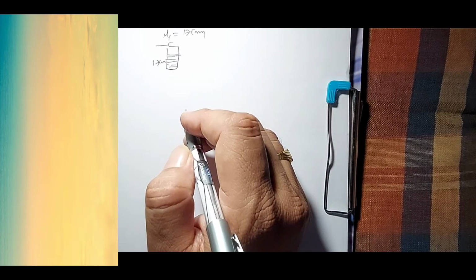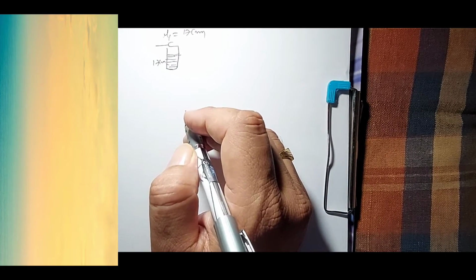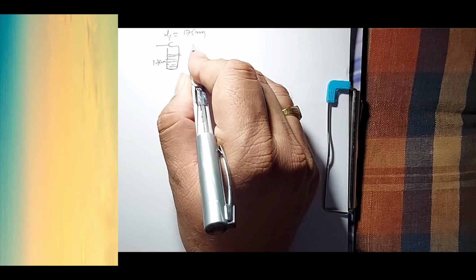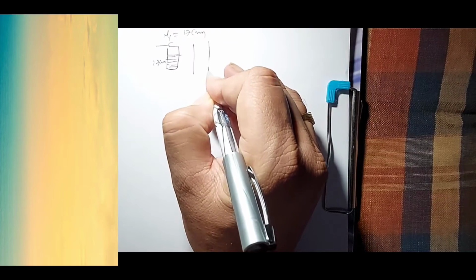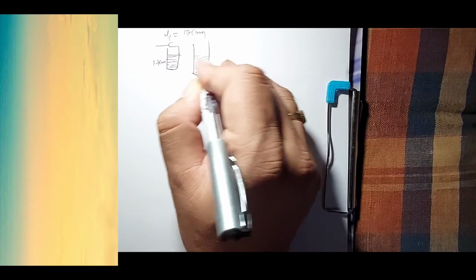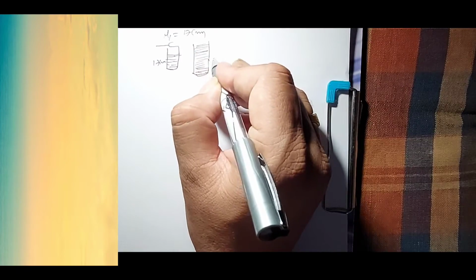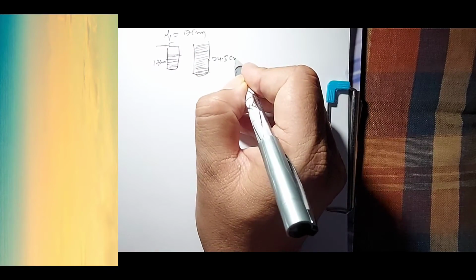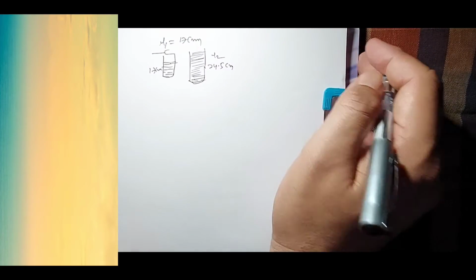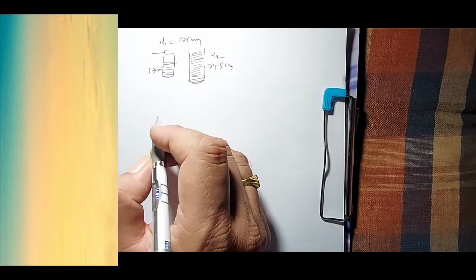Now it resonates with the same tuning fork when the water level is at a height 24.5 centimeters from the bottom, that is, the second resonance is formed at a height L2 equal to 24.5 centimeters.